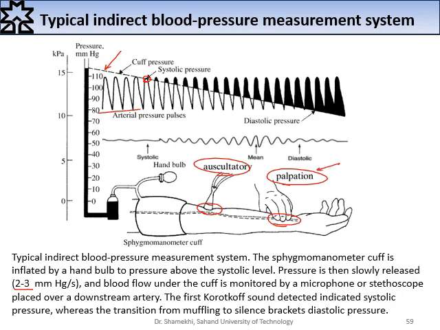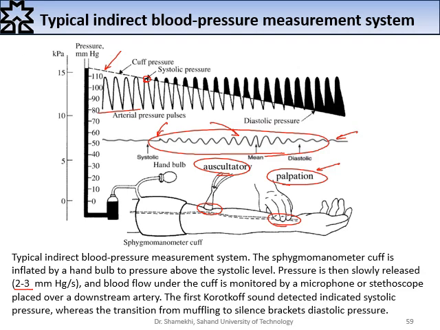And as you can see, we have a sound signal, something like this. The sound will start from here. You can see an increase in amplitude, and after that, muffling to silence will occur.